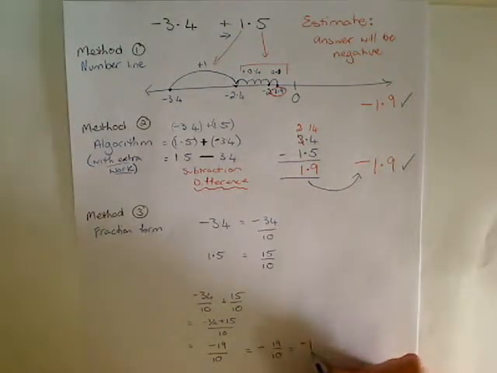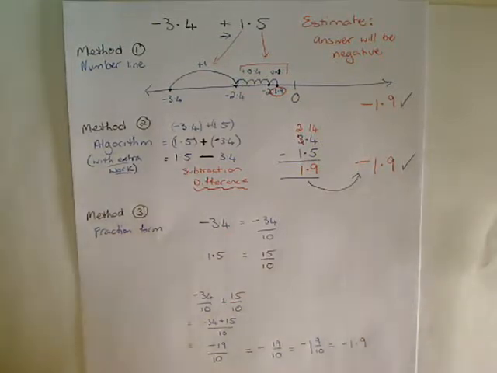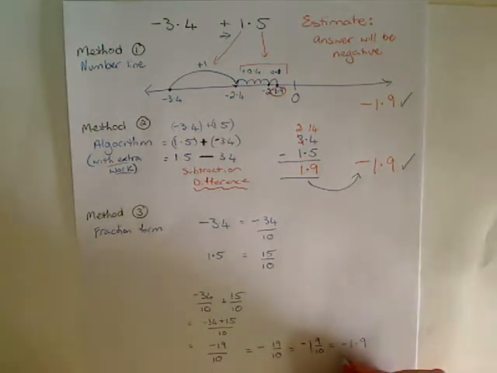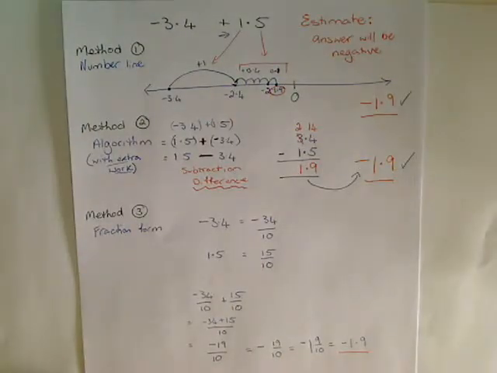I've got one whole here and 9 tenths. Or I could say negative 1.9. And again, we've reached the correct answer every time. So have a think about which way you think will work best for you, which is the most reliable and makes the clearest sense, so that reduces the errors that you make and increases your accuracy.